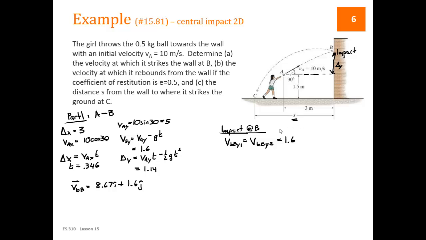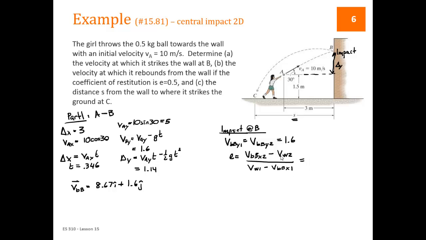So in the x direction, let's use our coefficient of restitution equation. So we have E is equal to the velocity of the ball at B in the x direction after impact minus the velocity of the wall after impact, divided by the velocity of the wall before impact minus the velocity of the ball at B in the x direction before impact.